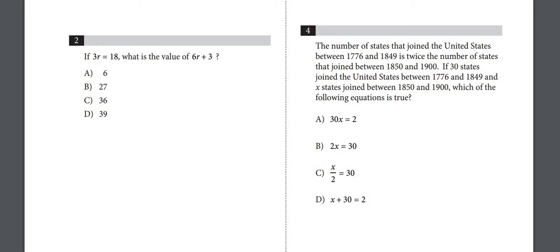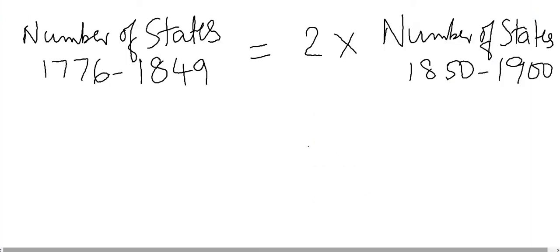The second statement says if 30 states joined the US between 1776 and 1849, right? 30 states joined it. So let's go back. The number of states joining between 1776 to 1849 is given as 30, right? Okay.